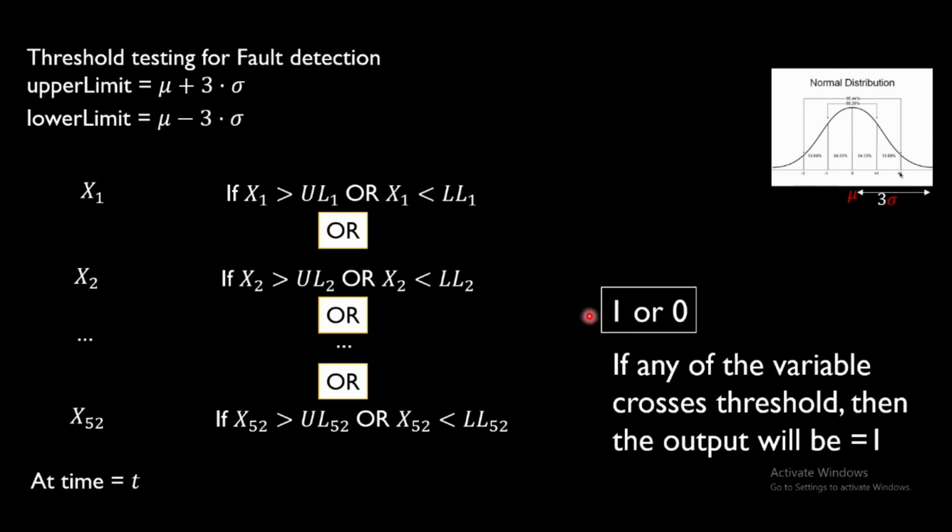Even if one variable has passed a threshold, it will give 1, because the fault is important for us. If there is a fault, it should not say there is no fault. So by using this simple method, we can combine the 52 variables' decisions into a single 1 or 0, whether there is a fault or not.